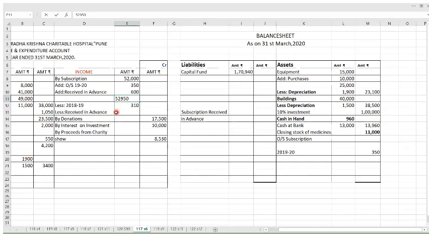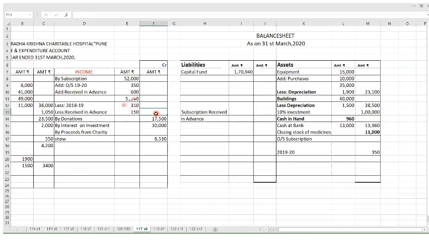Then we have to deduct the amount of subscription which is outstanding for last year, that is 310, and the current year's subscription received in advance, means that particular amount is for next year. So we're going to reduce that particular amount from the current year subscription, that is 150.